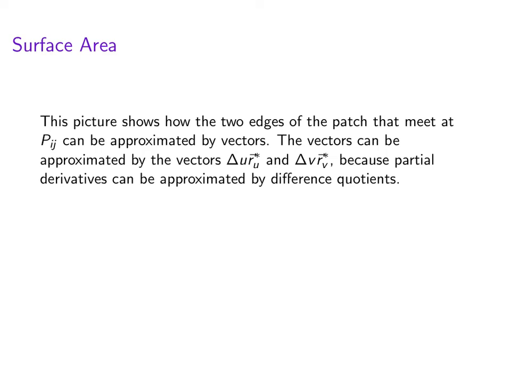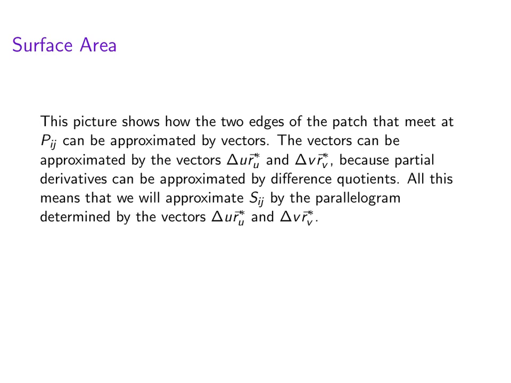And that's because the partial derivatives can be approximated by difference quotients. All right, so let's get to the upshot here. What does this mean? We can approximate the area of S_ij by the parallelogram that's determined by these two vectors, delta u r_u star and delta v r_v star. That parallelogram lies in the tangent plane to S at the point P_ij.